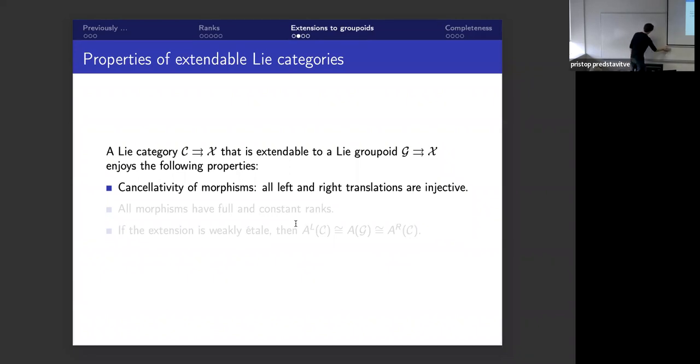So the first thing is independent of any smooth structures. It's regarding the cancellativity of morphisms. Basically, left cancellativity of an element g would mean that if this holds, then h is equal to k, and this can immediately be identified by left translation being injective, right?